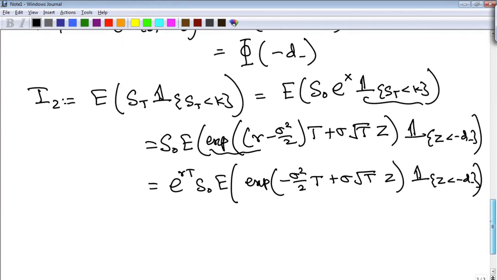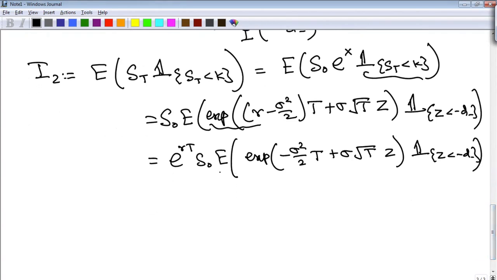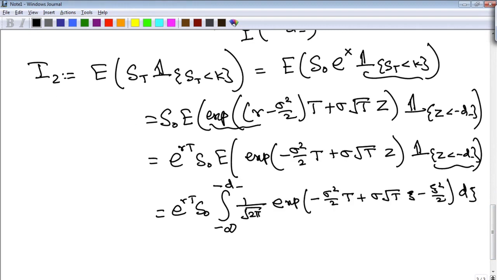And now you can apply the definition of expectation, and that gives me e^{rT} S_0 integral minus infinity to minus d minus, and 1 by root 2 pi into, so this expectation is actually defined like this.